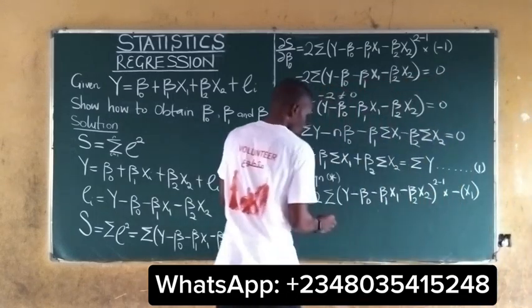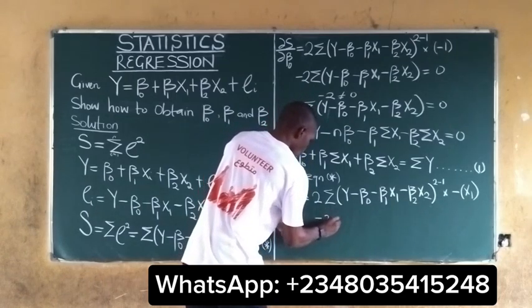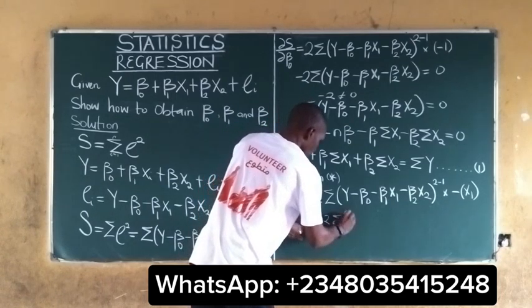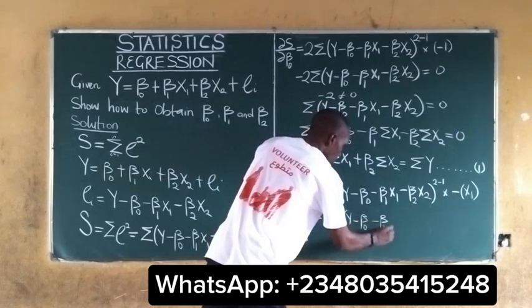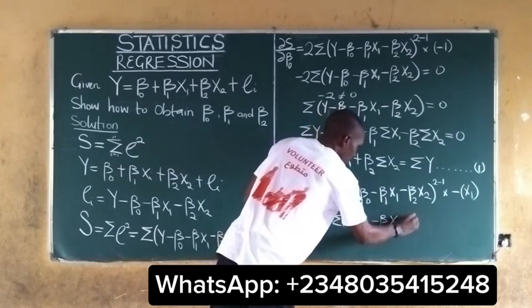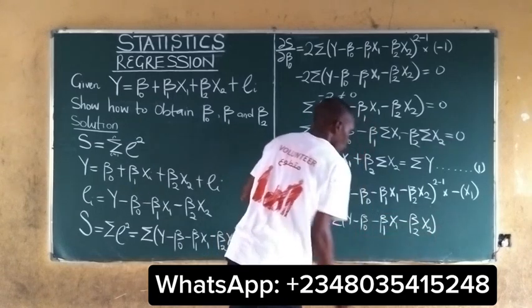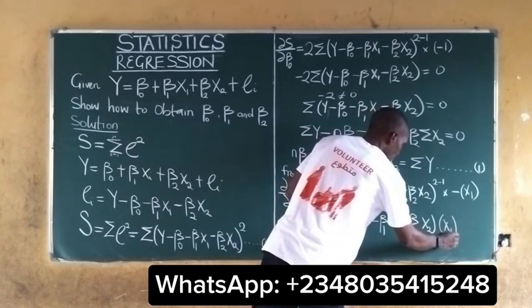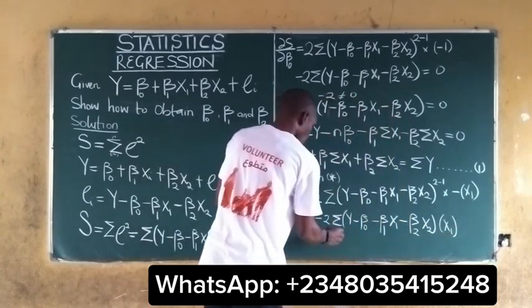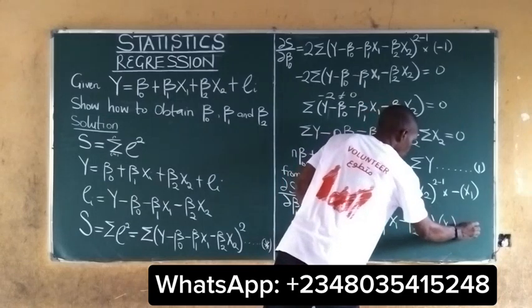The next thing to do, of course, we have negative 2 summation of Y minus B0 minus B1 X1 minus B2 X2, multiplied by X1, which is equal to 0.